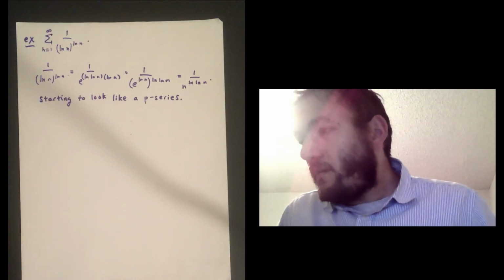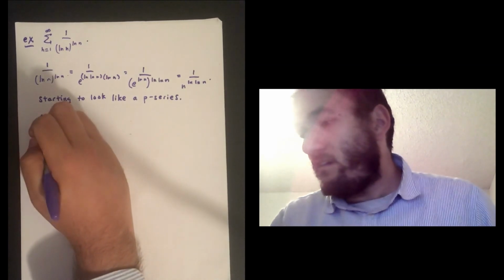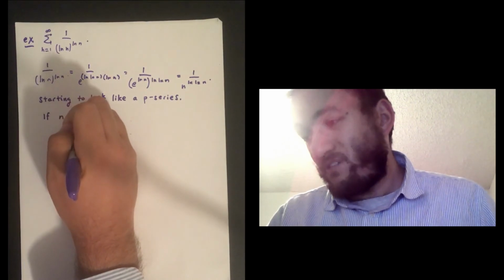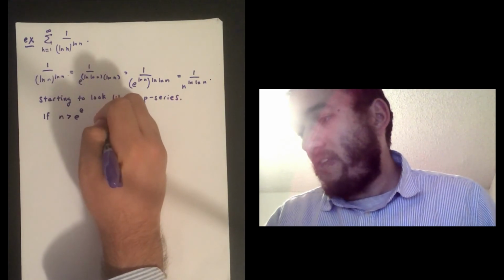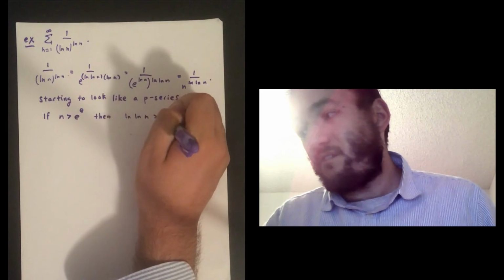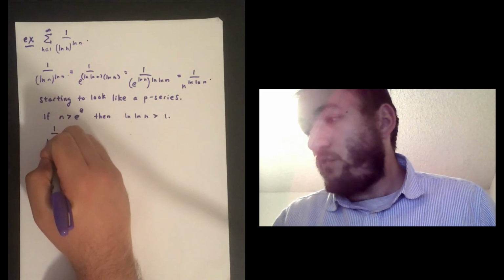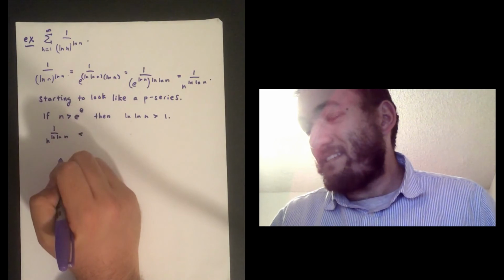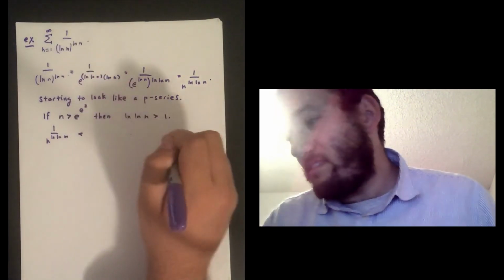And in particular, if we only look at n greater than e to the e, okay, then log n is greater than 1, which means that 1 over n to the log n is less than, sorry, you know what, instead of taking e to the e, let's take e to the e squared.